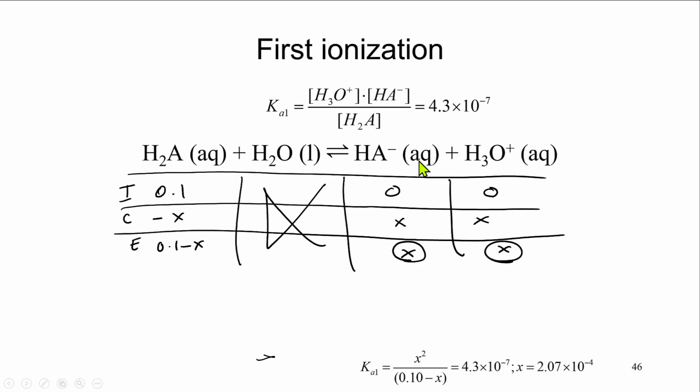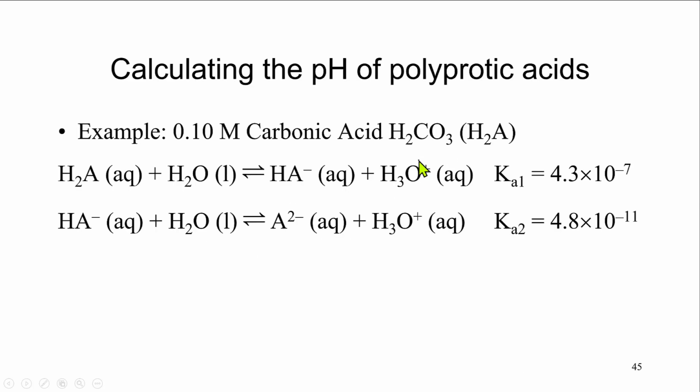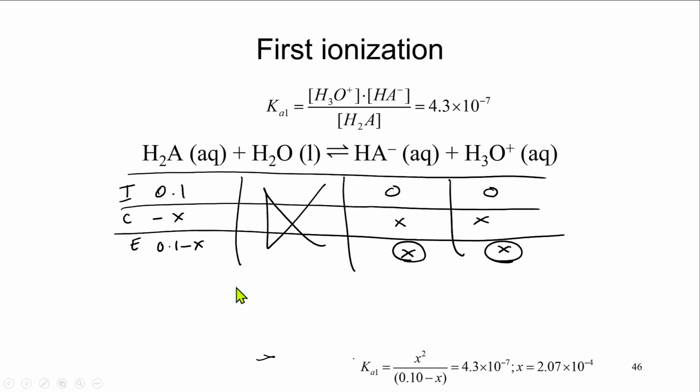In a sense, it's easier to look at just both equations first, here, and recognize that when this is made, it goes in here. And when this is made, it goes in here. Okay? So, let's talk about how we're going to now solve this. Now, again, you can set it up as a quadratic and solve it, and that'll work just fine. But if you'll notice, this concentration is 0.1 from the previous slide, 0.1 actually. And this equilibrium constant is 10 to the minus 7.